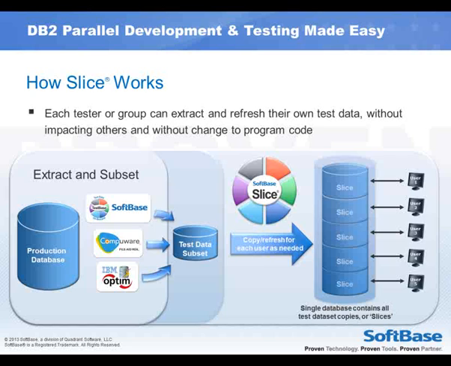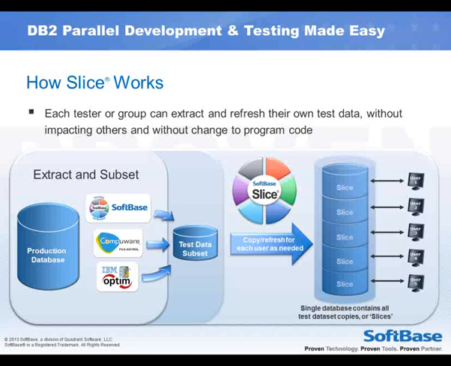It can refresh test environments and resolve most of these issues for you without any interruption. So each tester or group can load, refresh, and test at the same time without any impact to their program code and without impacting other testers in the environment.